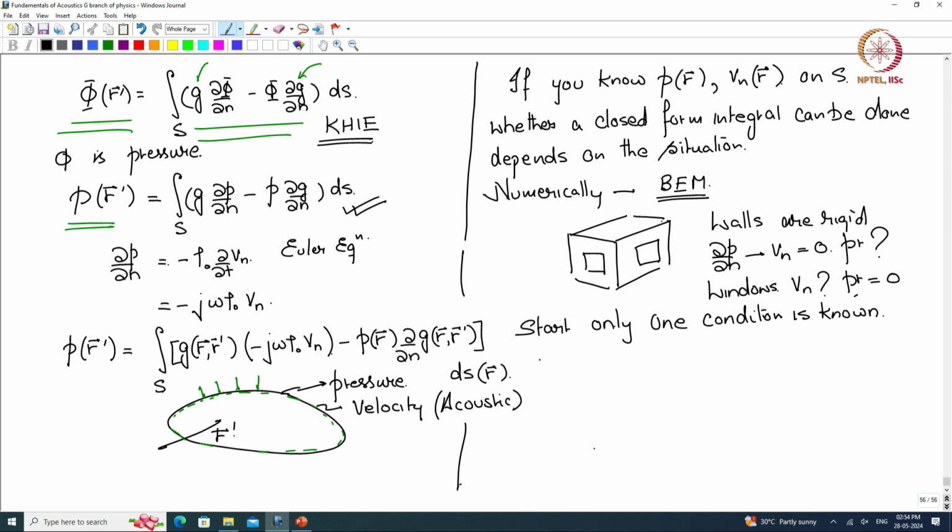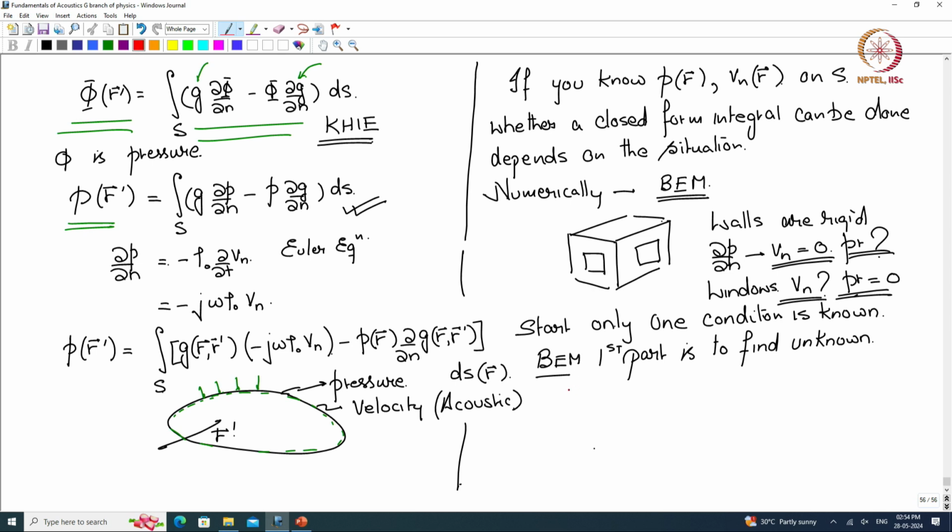So in the boundary element method, the first part of the problem is to find the unknown part of the information. Where pressure is known, there we try to find the velocity also, and where velocity is known, there we try to find the pressure also. That is the first half of the problem. Then on the boundary, everything is known.